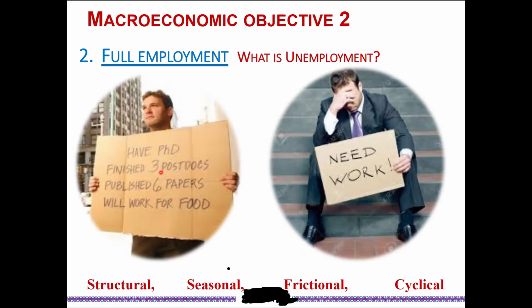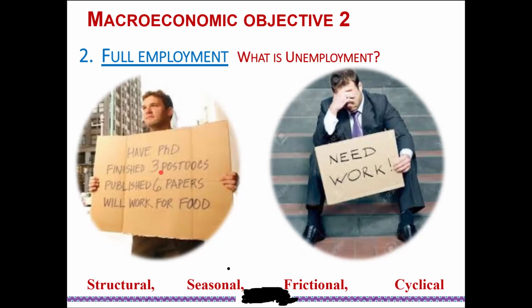The job which is available does not match the skills or the qualifications that you have. Your degree is as a qualified CA, so obviously you can't take this job because there's a mismatch of skills. You don't have the skills which are needed at that time. So that is structural unemployment.